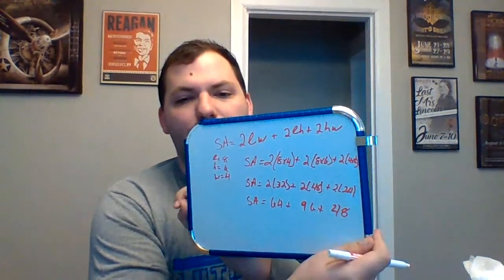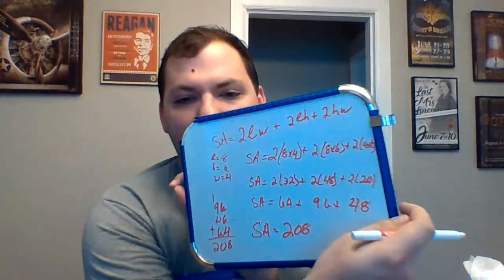2 times 32 is 64. 2 times 48 is 96. And 2 times 24 is 48. So I should have 64, 96 plus 48. And then after that, I line up my 3 numbers and add them, and that's 208.